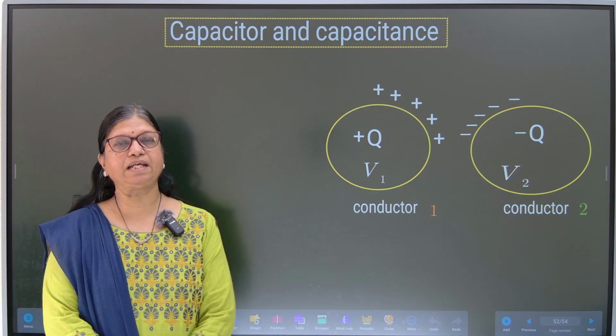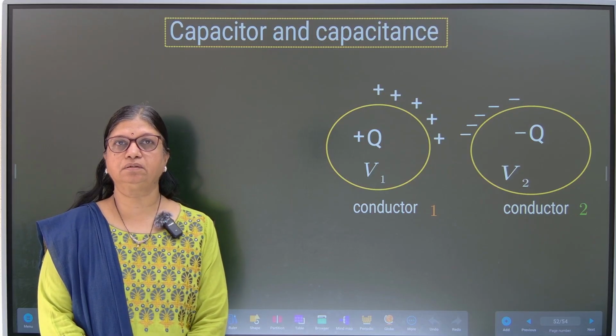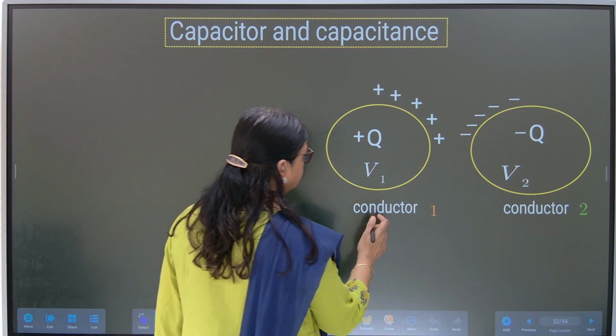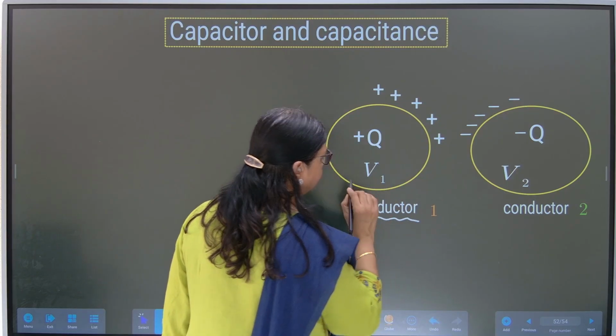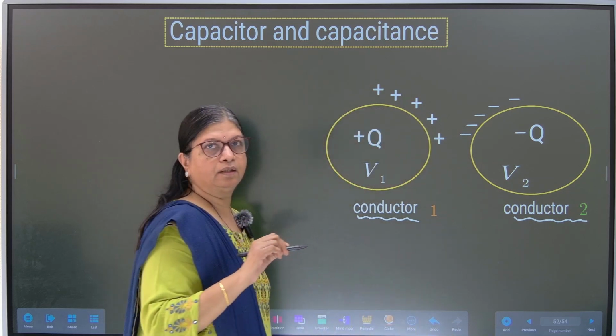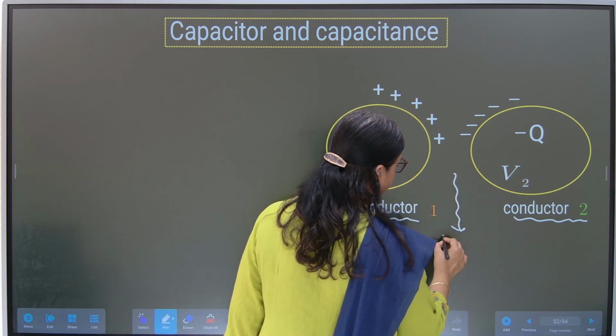Now let us understand what a capacitor is made up of. As you can see in the diagram, it consists of a conductor 1 and a conductor 2 with a space filled with insulator.